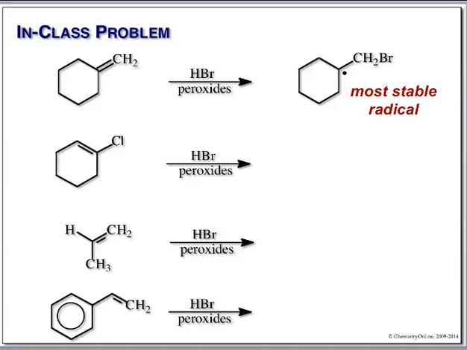This is going to pick up hydrogen from HBr, and that is our product. The most stable radical is at the tertiary center. Remember, Br dot adds here, leaving the radical here.